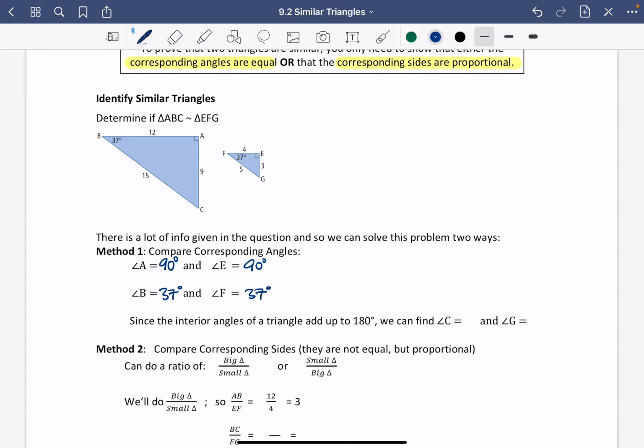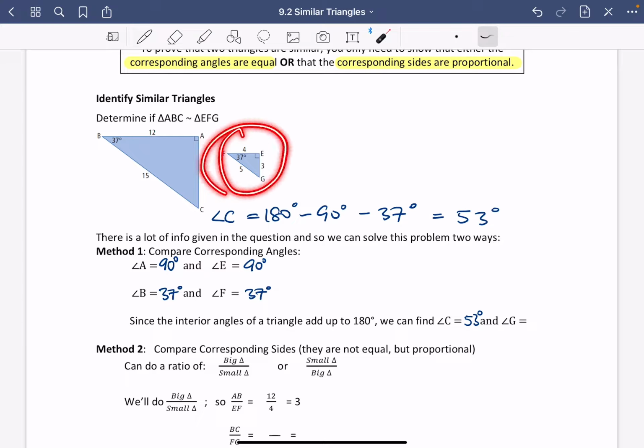Now, because the interior angles of a triangle add up to 180, then we can find that angle C is equal to 180 minus 90 degrees and then minus 37 degrees, which is equal to 53 degrees. And same for angle G in this smaller triangle.